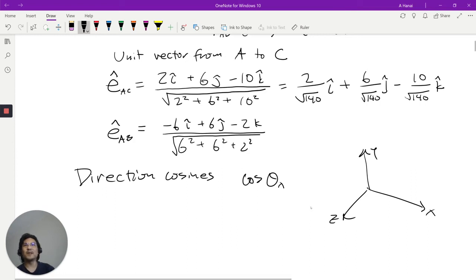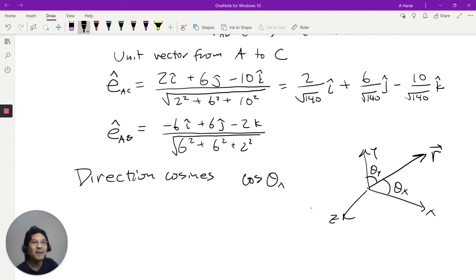If I have some vector, let's say this is vector r, it makes some angle with the x-axis here, some angle with the y-axis here, and some angle with the z-axis here. These are the direction cosines, the cosines of those angles.